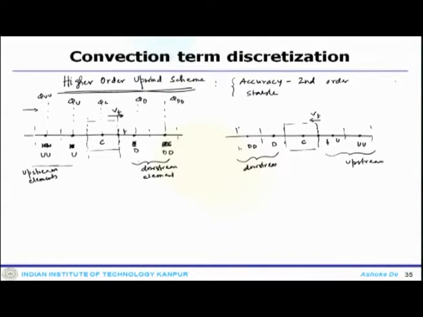So, depending on the direction of the flow field, one has to decide which will be the upstream elements and which will be the downstream elements, and accordingly you can define your variables in that fashion.